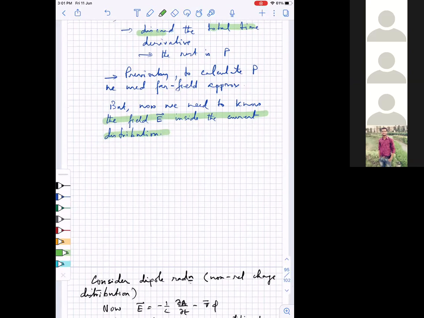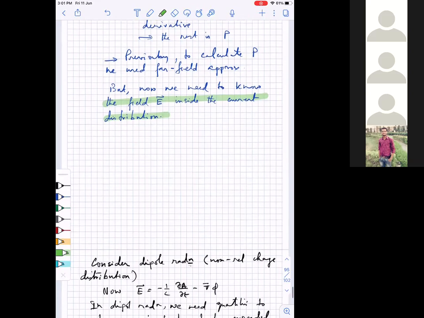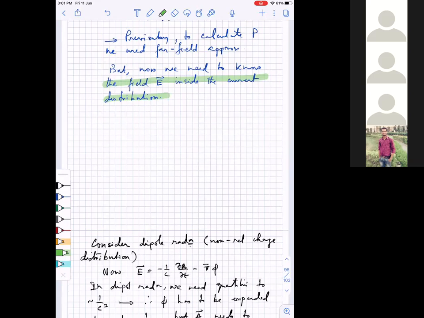We want to calculate the work done locally. Local E is given by this relation. It depends on the two potentials, the vector and the scalar potential. We want to calculate something which should give us the flux of radiation.